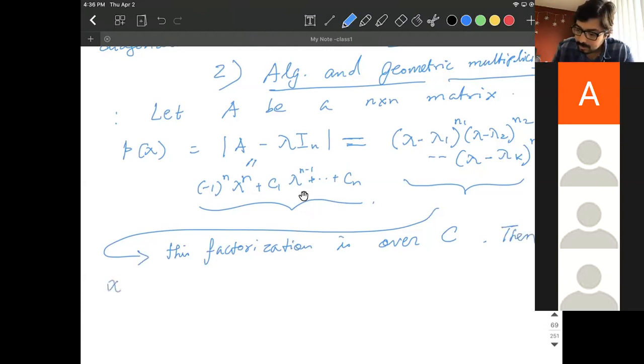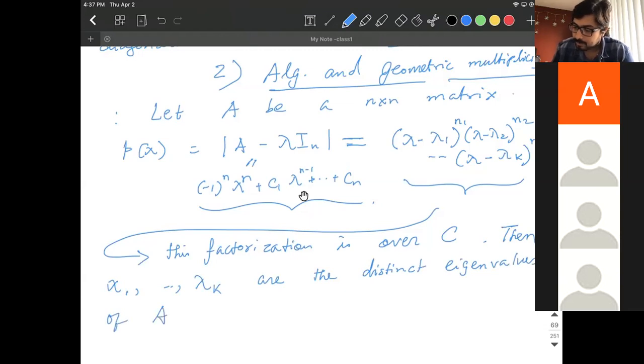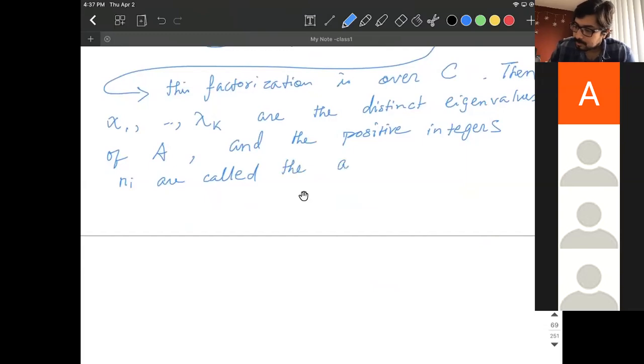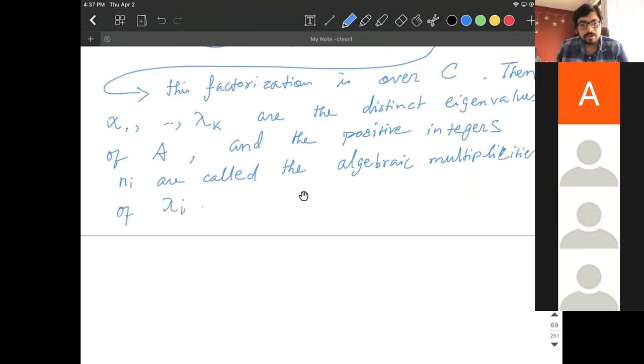Then lambda 1 up to lambda k are the distinct eigenvalues of A, and the positive integers Ni are called the algebraic multiplicities of lambda i.